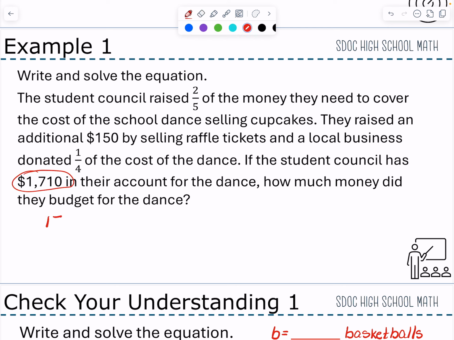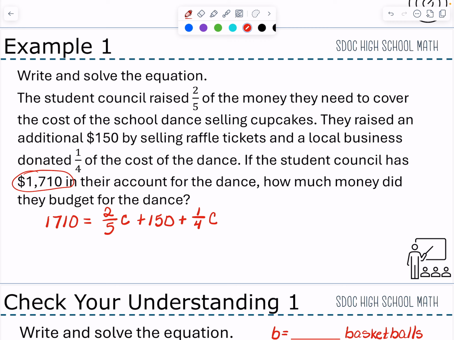1,710. And then what they're spending, or the money they're raising, they have 2/5 of the money that they need was raised selling cupcakes, plus they raised $150 selling tickets, and then a company donated 1/4 of their money for the dance.